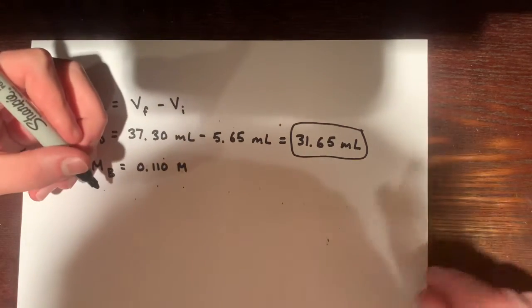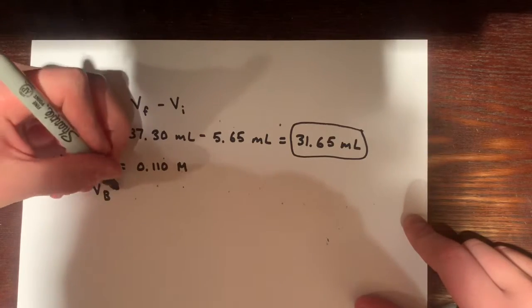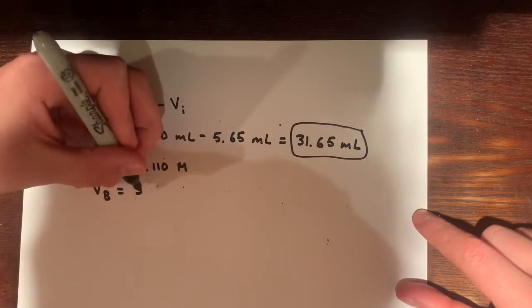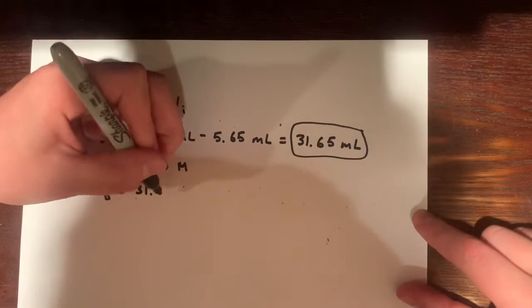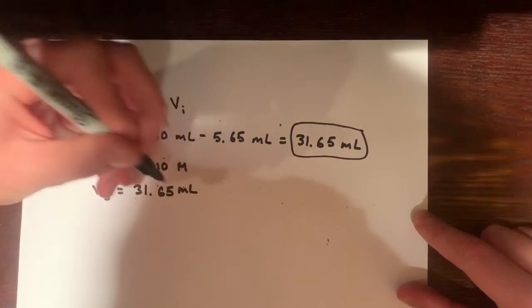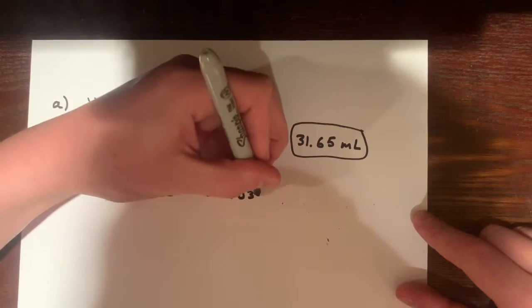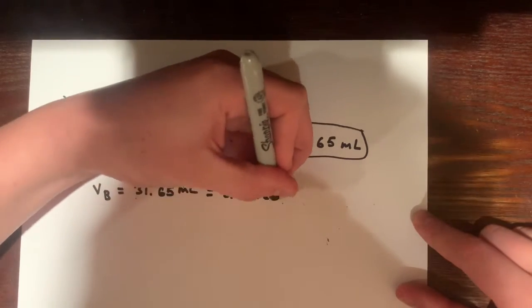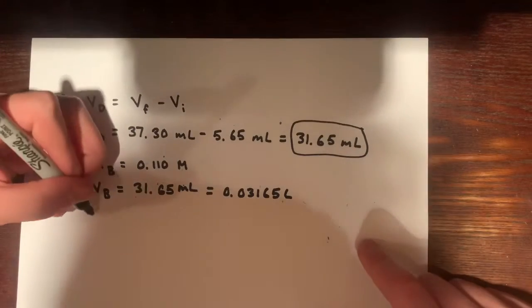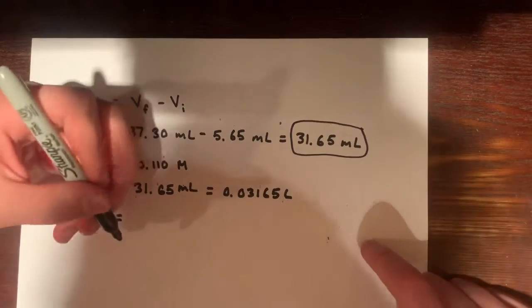We have the volume of the base now, because of our calculations, which is 31.65 milliliters, or 0.03165 liters.